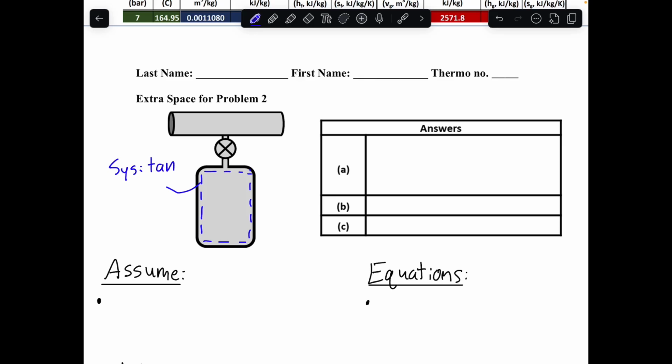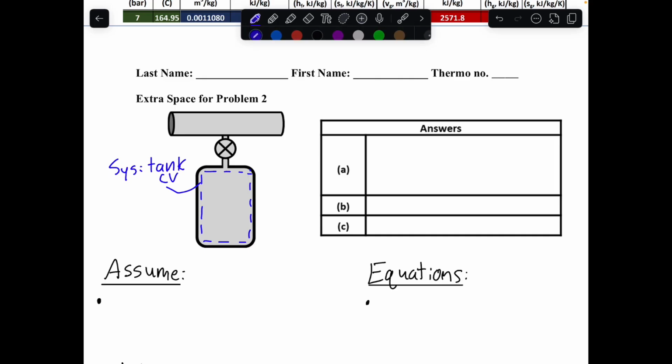I'm just going to write tank control volume because we're not focusing on some amount of mass in this case like we do in control mass problems. We're focusing on the volume of the tank here and what happens across this boundary of the tank with mass coming in and heat transfer going out.